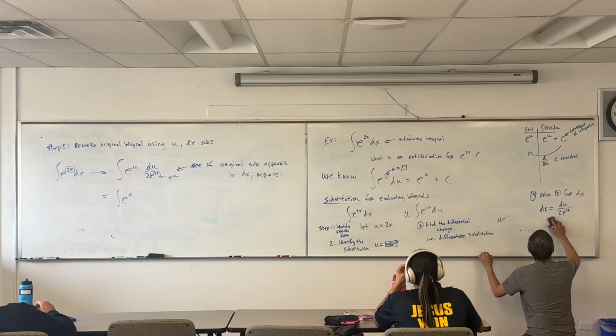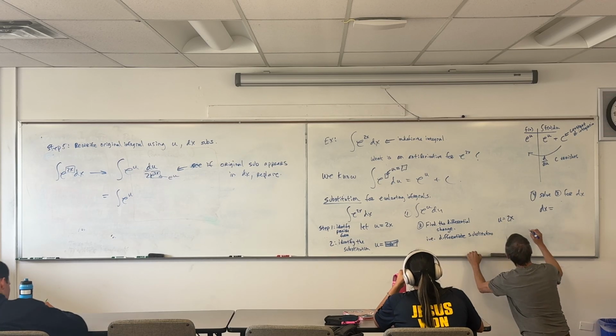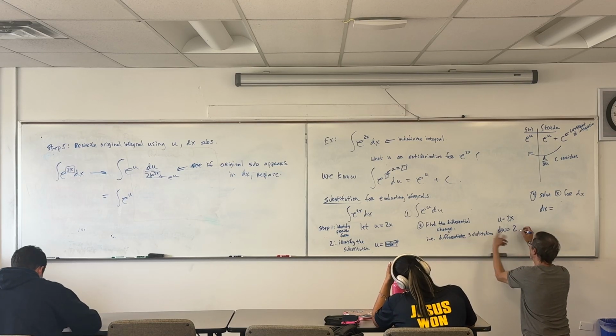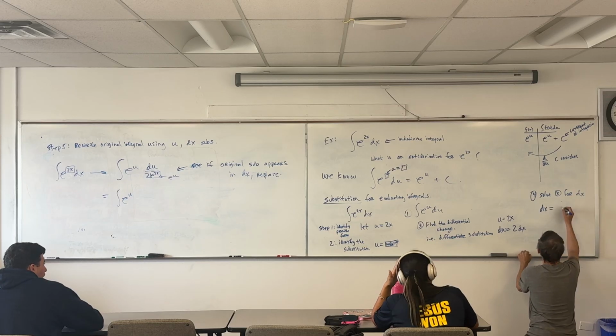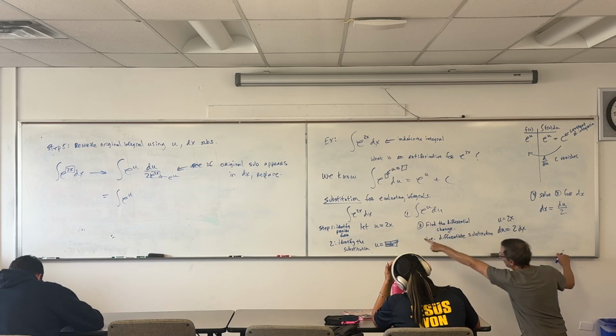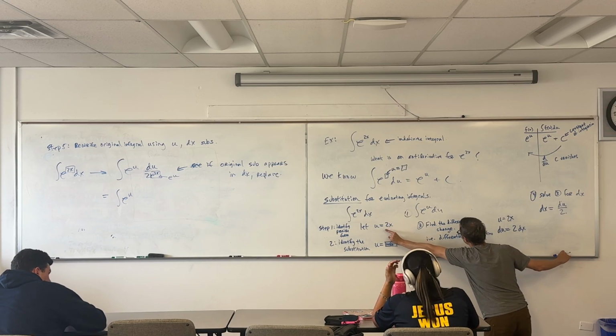Sorry about that. So let's come back here. U was 2x, I forgot my original substitution. So du is easier, it's just 2 dx, and then dx is du over 2. Sometimes it would be that nasty, but not this time.